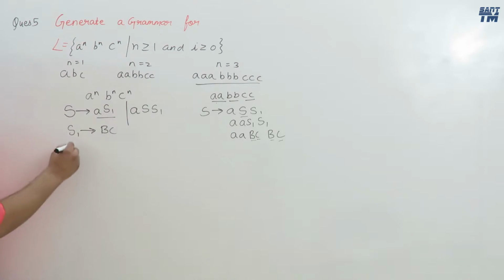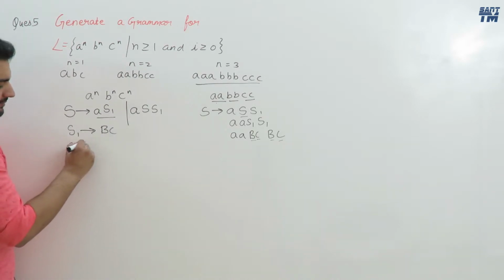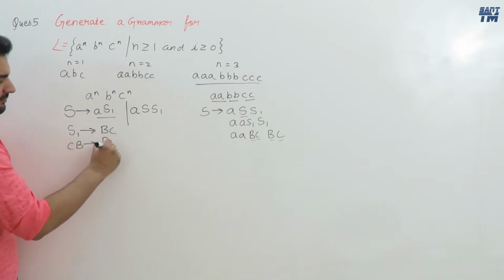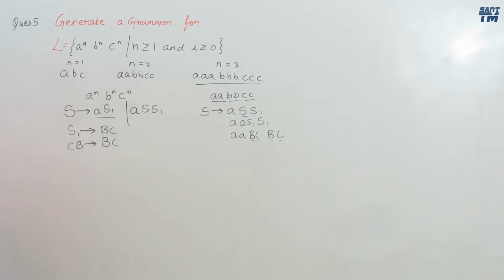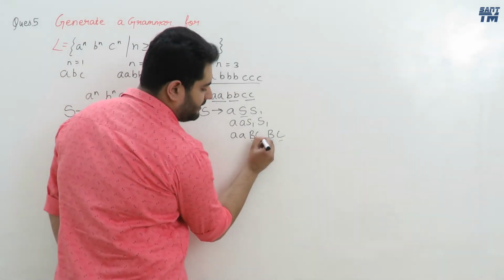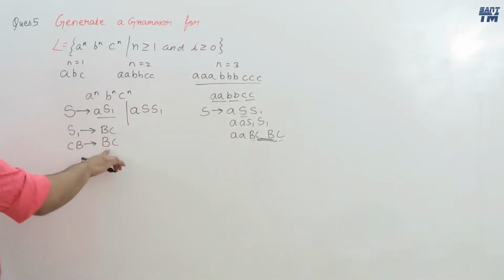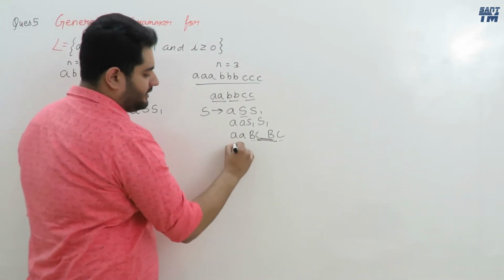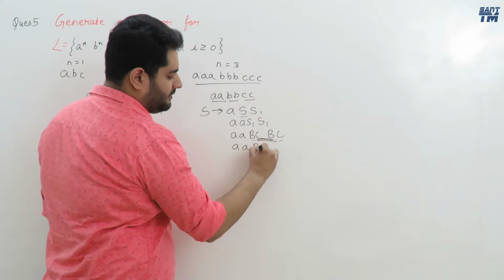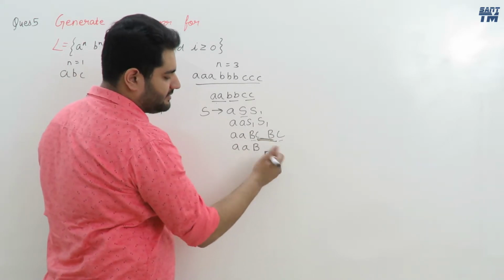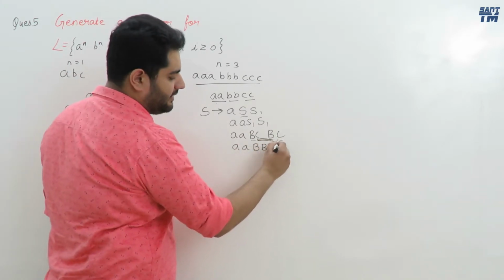So we can have a production rule like CB derives BC. What will happen from this? Consider this CB in between. This CB can be replaced as BC using this production rule. AA, this B as it is, CB is replaced as BC, and this C as it is.